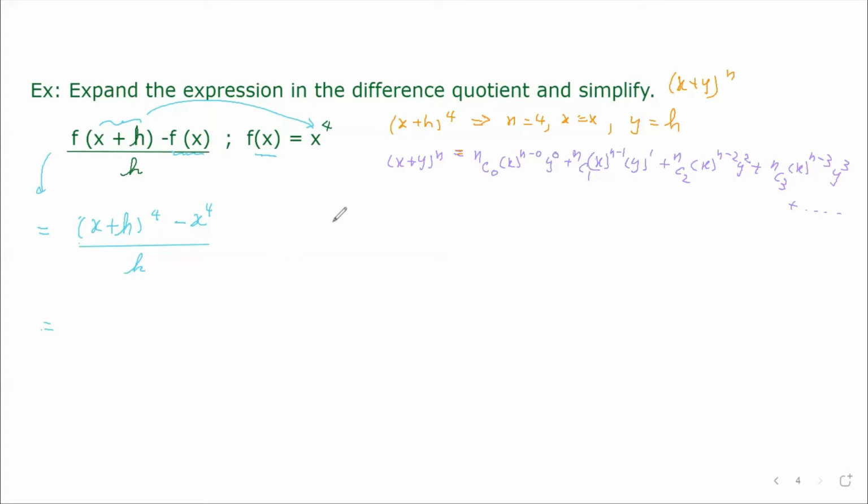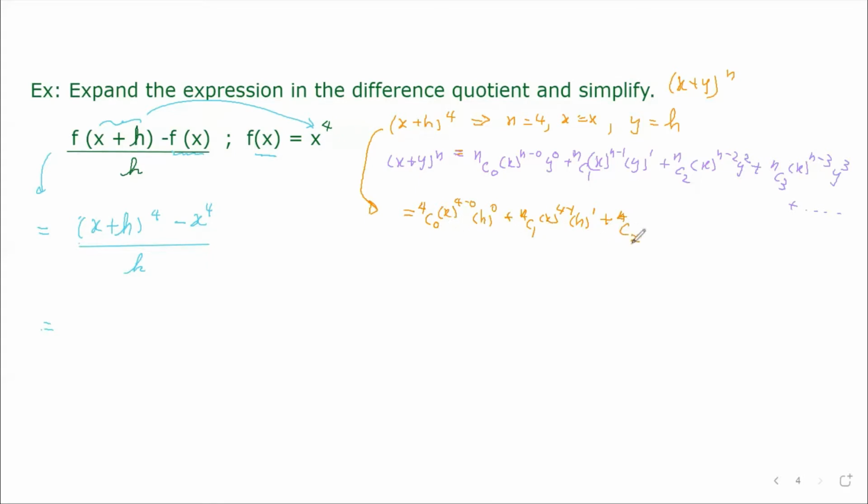So I use orange color. From here, when you expand it using the formula at the top, n is 4, so you have 4C0, right? x becomes x power 4 minus 0, y is h power 0, plus 4C1, x power 4 minus 1 now, and y is h power 1, plus 4C2, right?